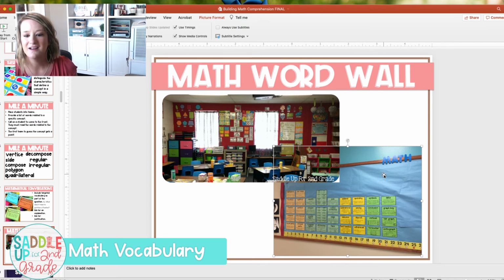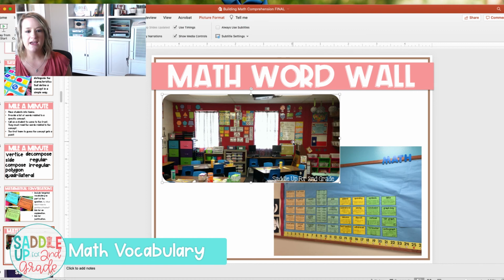I really liked that. This was mine, from my second or third classroom, but you can see I had this entire wall here. Everything displayed on this wall was related to mathematics. Over here, I had examples of shapes, in the middle I had different vocabulary posters, and then our problem solving strategies and things like that.